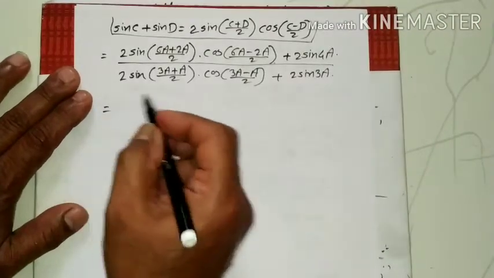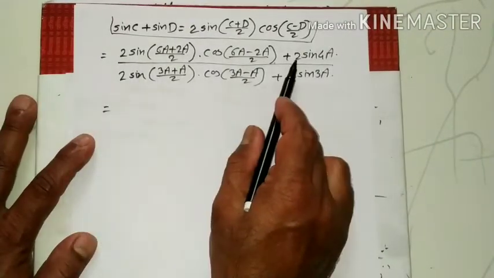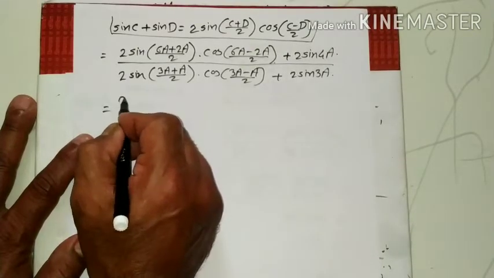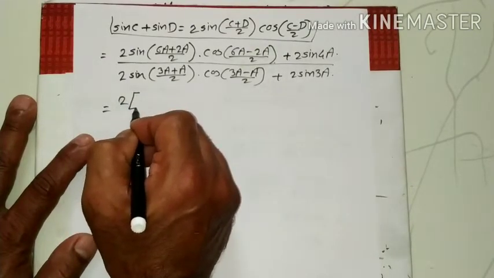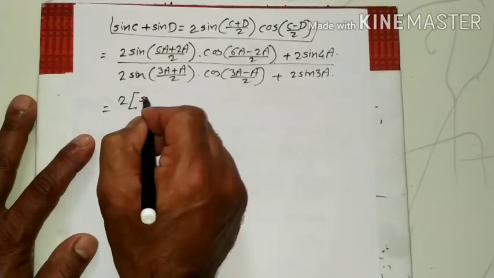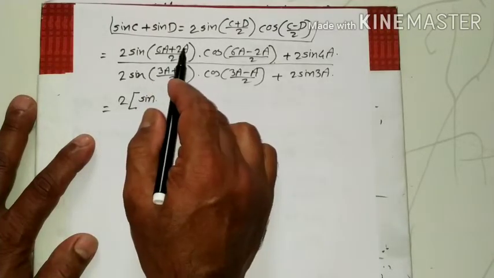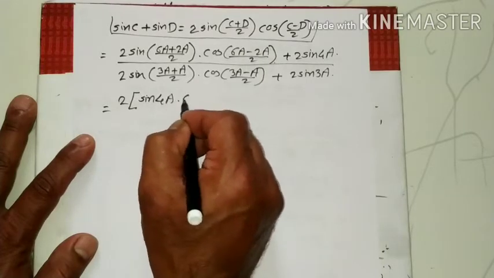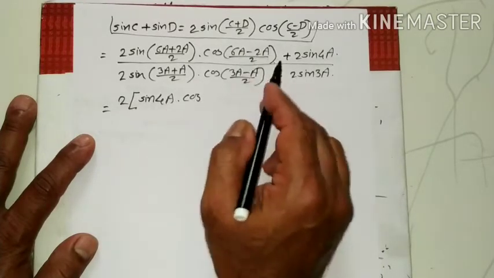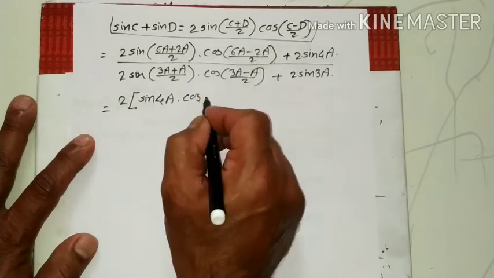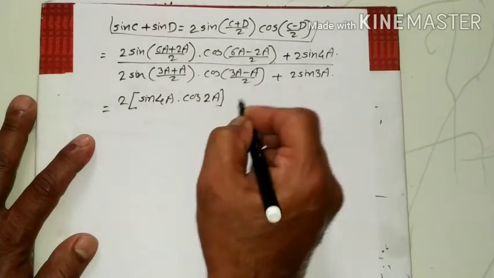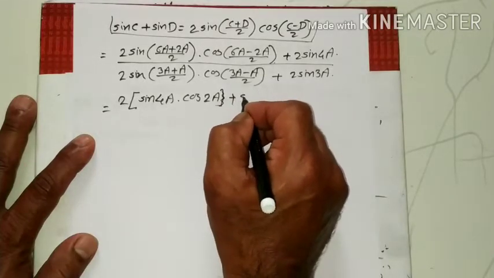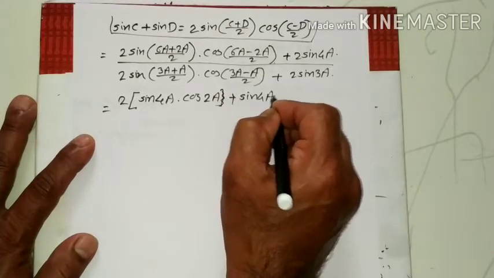Then take 2 common outside from the numerator and denominator. Numerator: 2 into bracket sin((6a plus 2a) divided by 2), that is sin 4a, into cos((6a minus 2a) divided by 2), that is cos 2a, plus sin 4a.